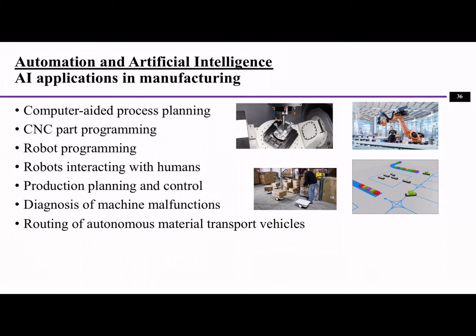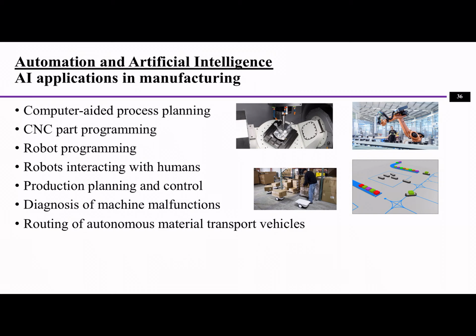Same with CNC part programming and also robot programming, robots interacting with humans. They can also be very smart based on what the human does, for example the language communication, or by detecting how the human is moving from here to there, and they're going to interact with that. Same with production planning and control. We can look at scheduling and forecasting.